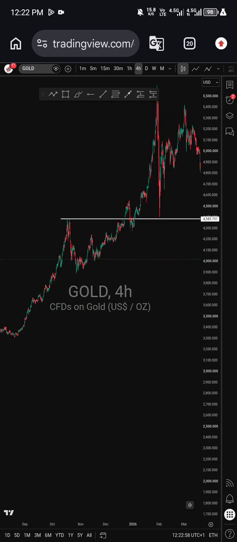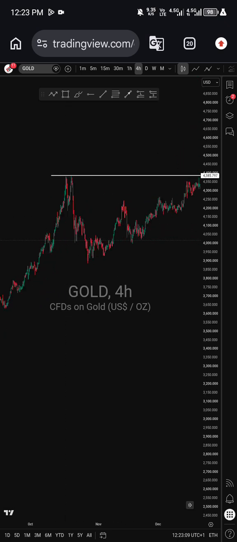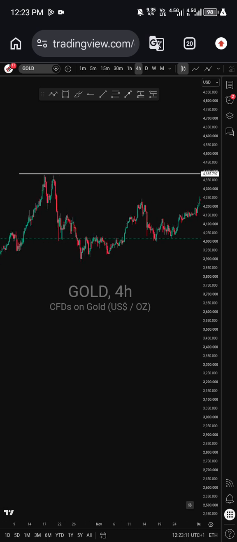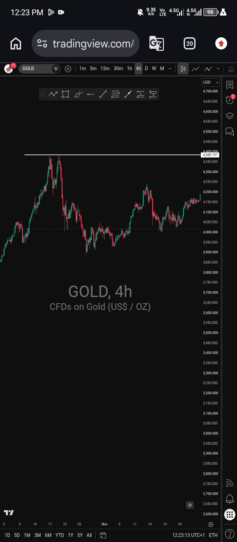You can see the correction how it is. See before 4 hour started, this is the pullback of the 4 hour. You can see the 4 hour, it did a double top.